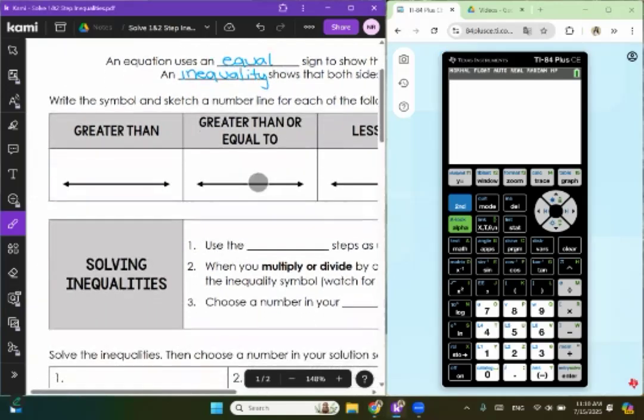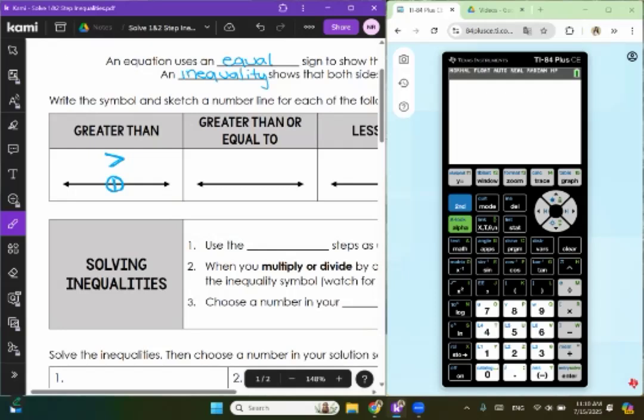Okay, so we have four main inequalities that we use. First one starting off with greater than. Now, whenever you do have to graph this on a number line, you use an open circle.